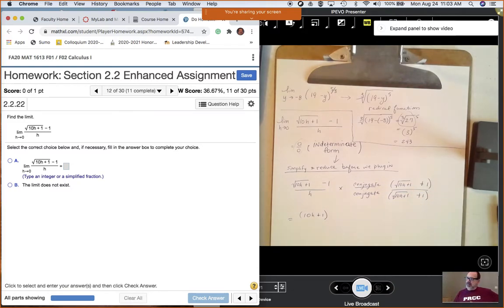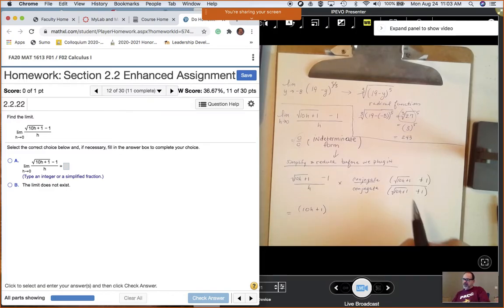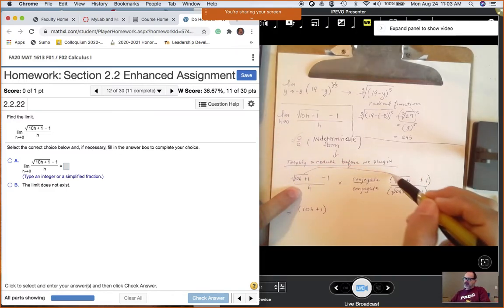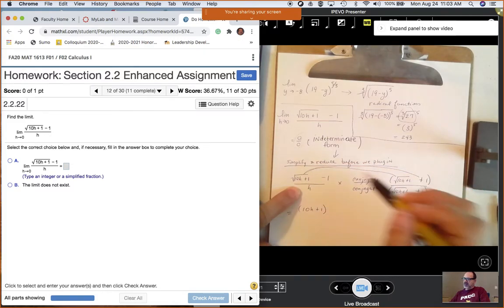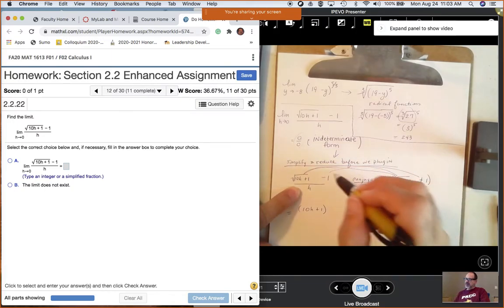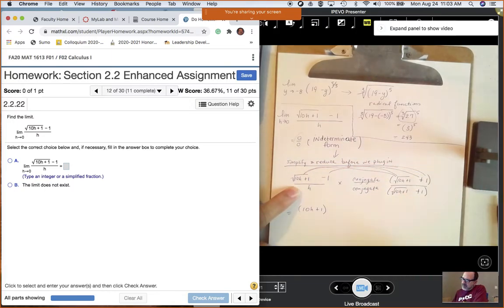Okay. So when I FOIL, square root times square root, times plus 1, minus 1 times square root, and minus 1 times plus 1. So this is going to give me a plus 1 square root 10h plus 1, a minus 1 square root 10h plus 1, and a minus 1 squared.